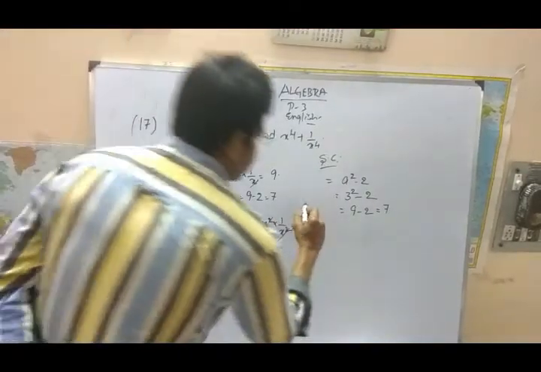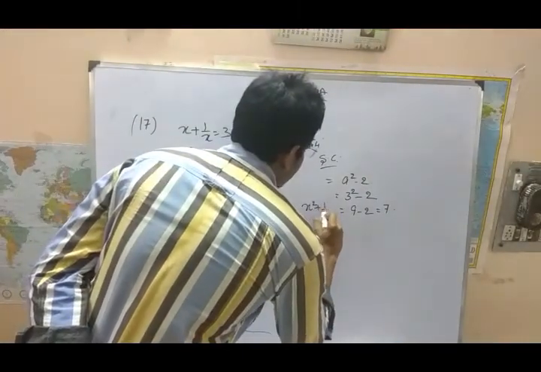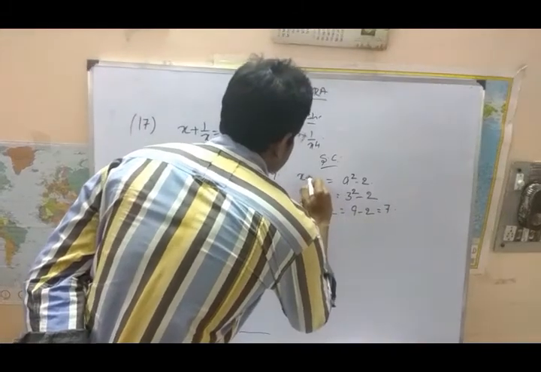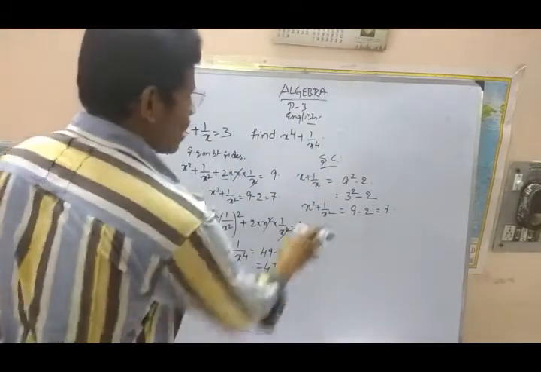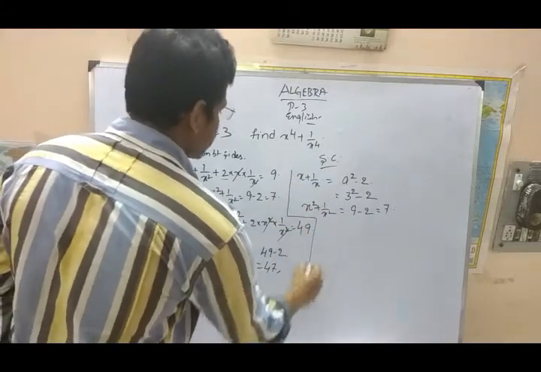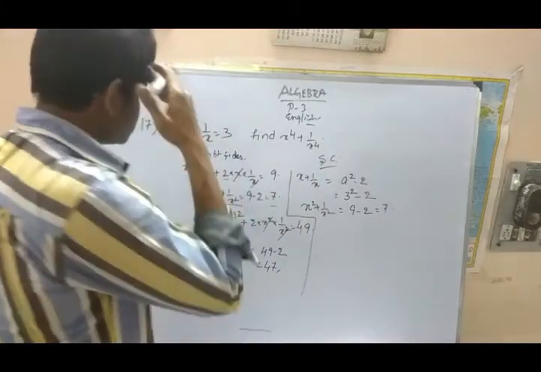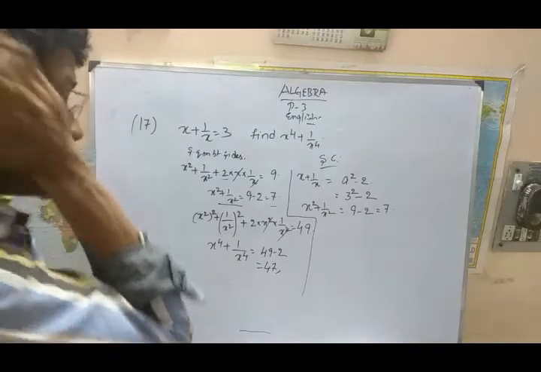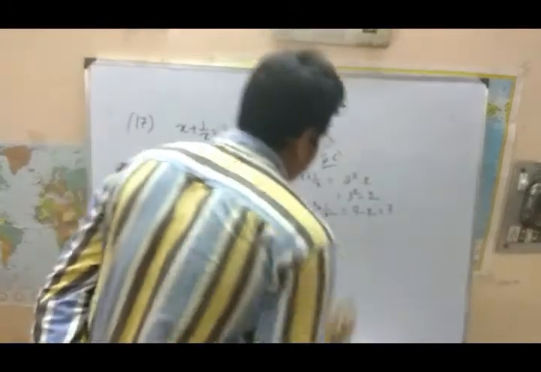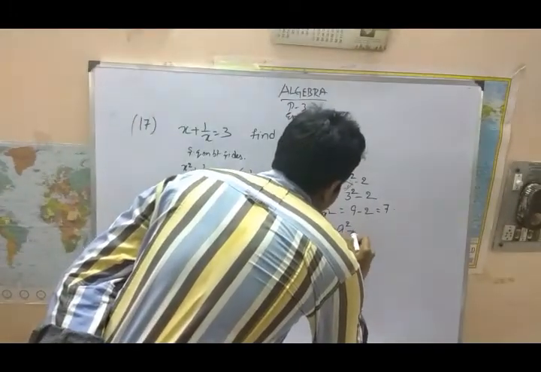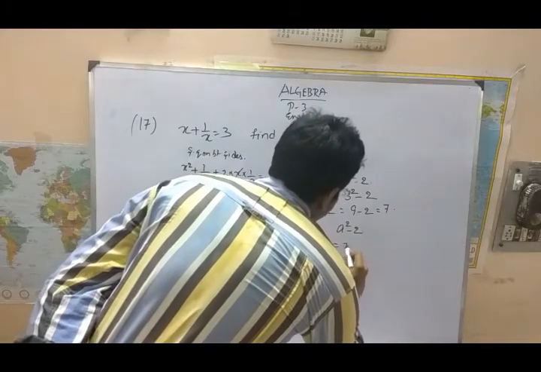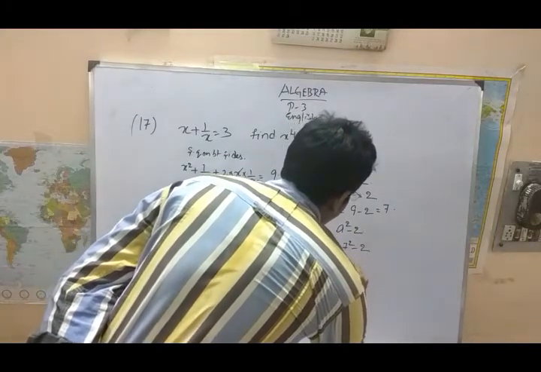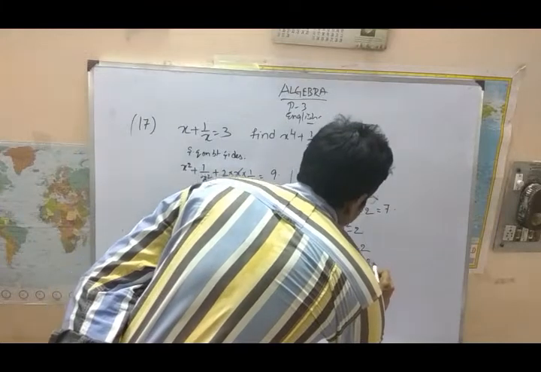What is this? It is x square plus 1 by x square. The question is x plus 1 by x, so we have x square plus 1 by x square. Now we can apply the same formula again, a square minus 2. What is a square? 7. 7 square minus 2, 7 square, 49 minus 2 equal to 47.